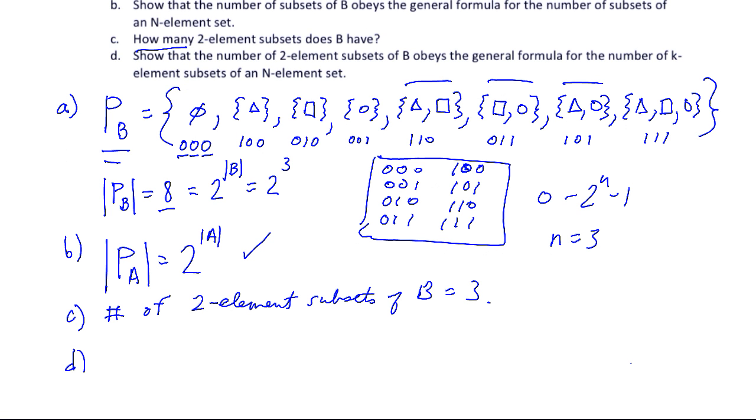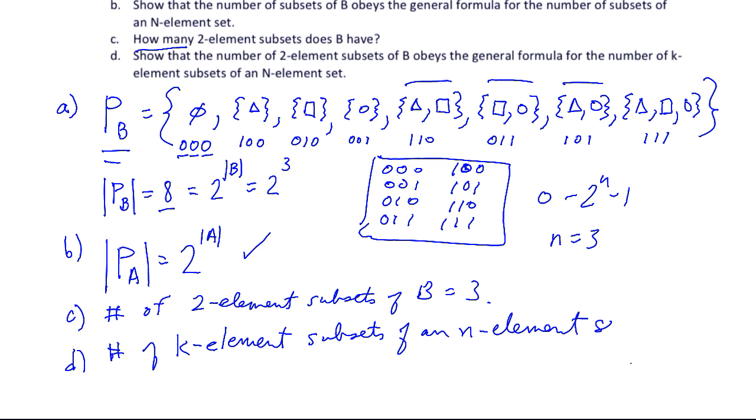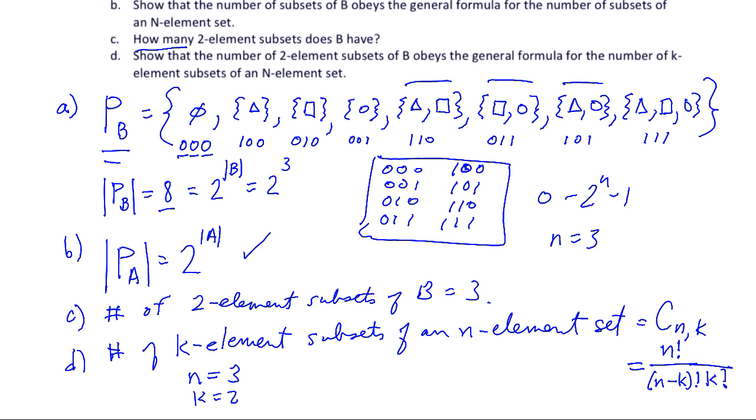So in general, the number of k-element subsets of an n-element set is equal to C(n, k), which is our number of combinations: n factorial all over n minus k factorial and k factorial. If I take the case of n equals 3 and k equals 2, then I'm talking about 2-element subsets from a 3-element set.